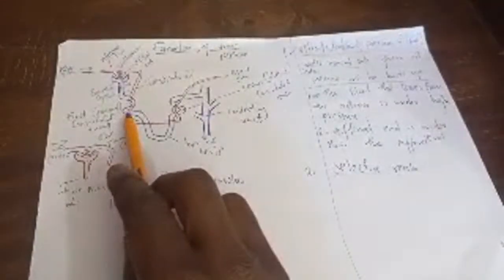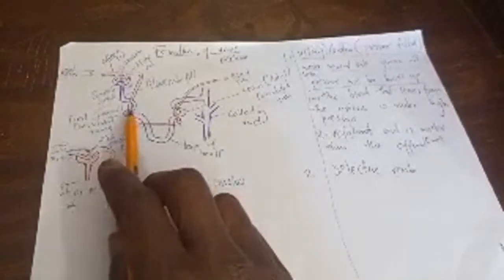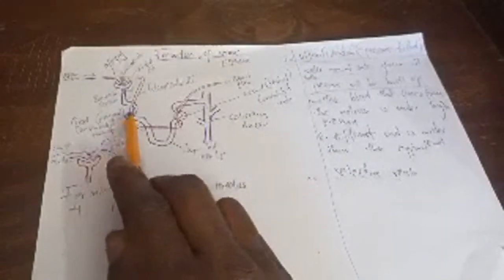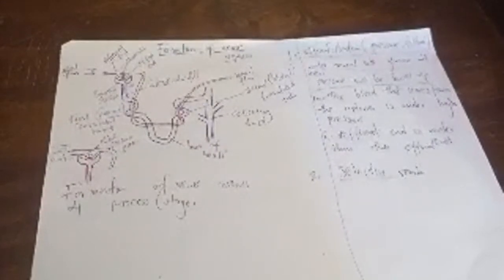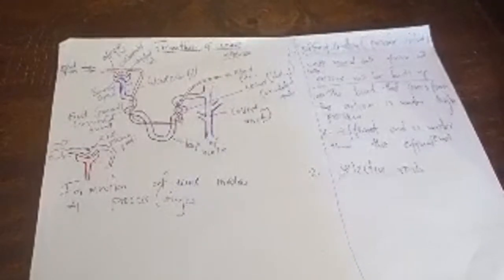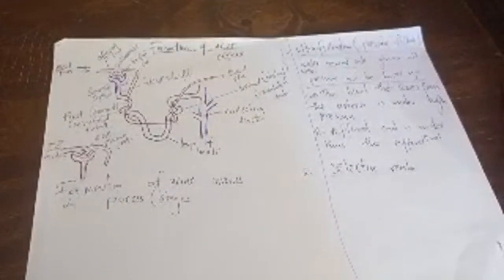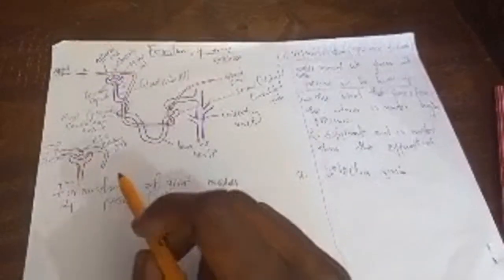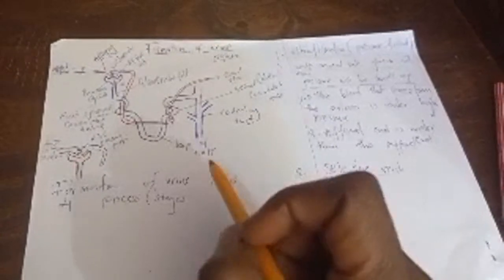So selective reabsorption takes place in the folded regions: the proximal convoluted tubule and the distal convoluted tubule. The first one, the proximal, reabsorbs water, glucose, and some salts. The second one, water and salts only, where urine will come from.